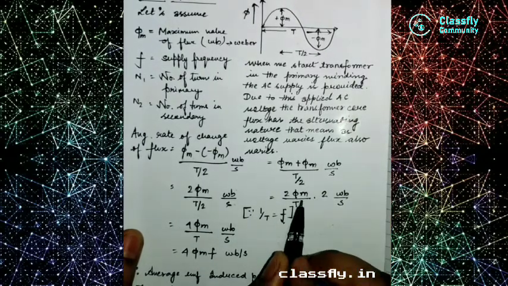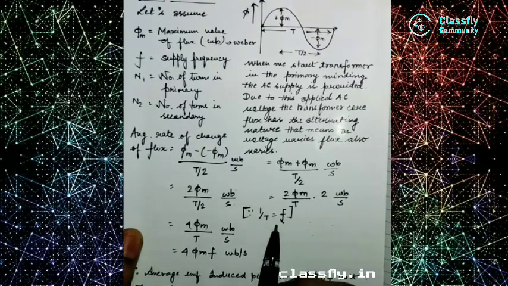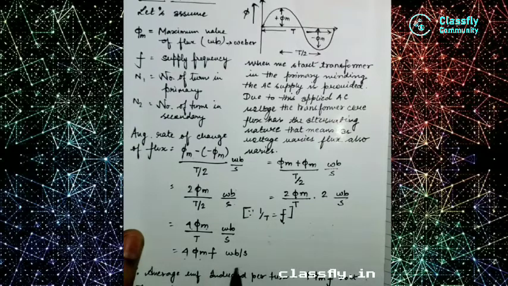That means it becomes 4 phi m by T, and you know that 1 by T is represented as frequency. So it will be 4 phi m f Weber per second.